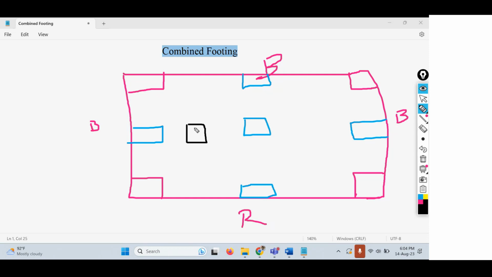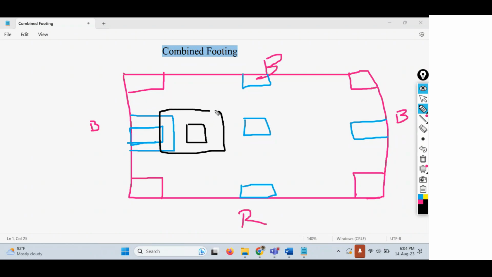When you design an isolated footing for this additional column, the footing available for this column, the blue column, goes in this way. And the footing for the black color column goes in this way.